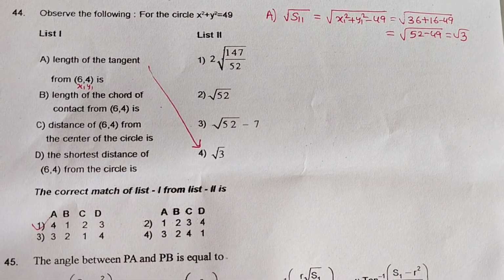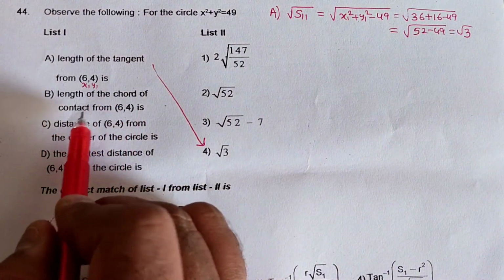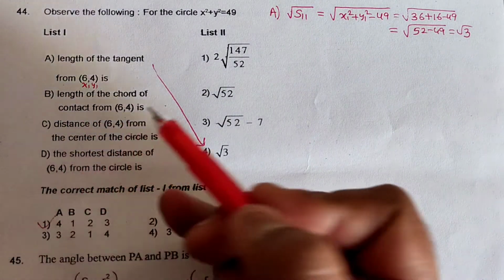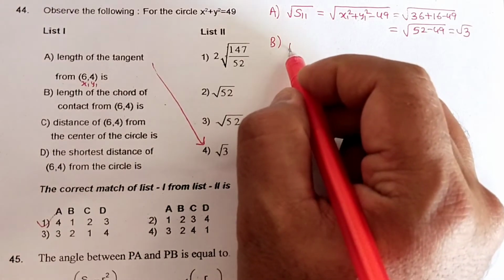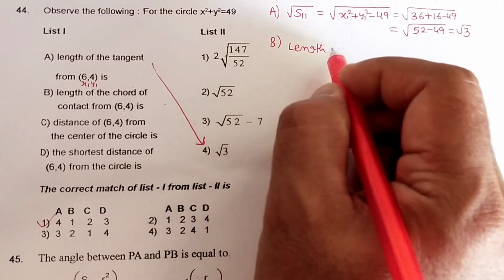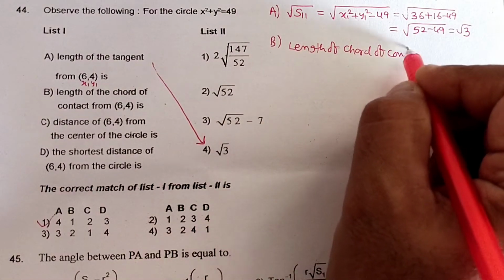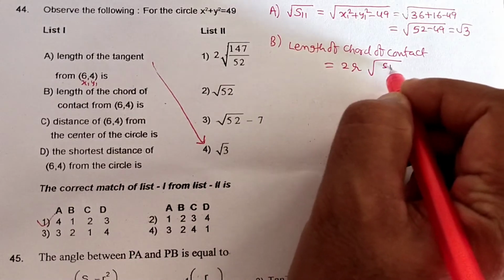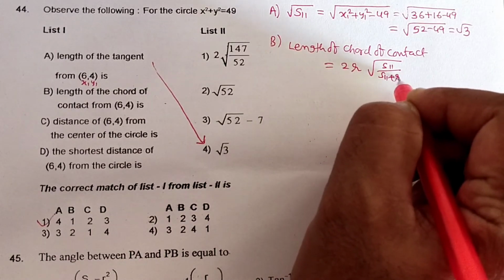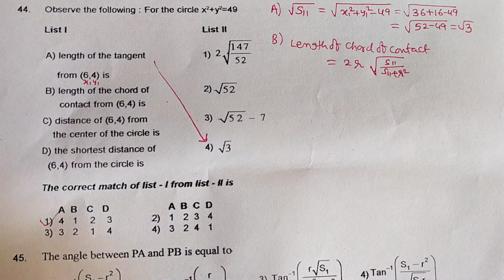But we need to know the information about the length of chord of contact from (6, 4). I will give the formula. The length of chord of contact is equal to 2r into root of S11 by S11 plus r square. This is the formula for the length of chord of contact.